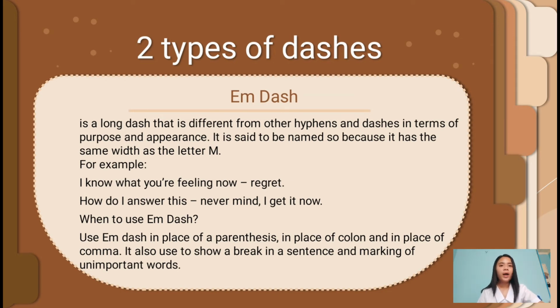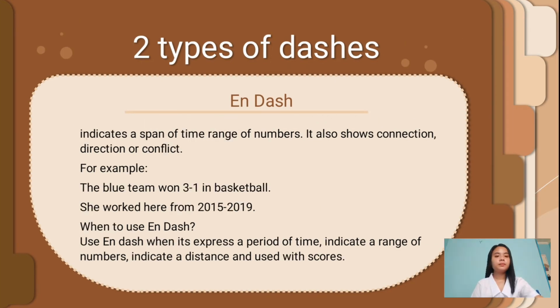So when to use M dash? Use M dash in place of parentheses, in place of colon, and in place of comma. It is also used to show a break in a sentence and marking of unimportant words. Next type, we have N dash.